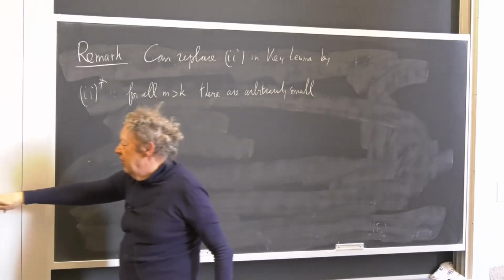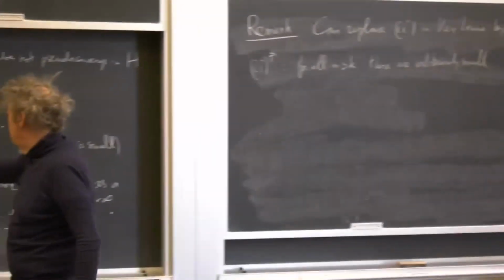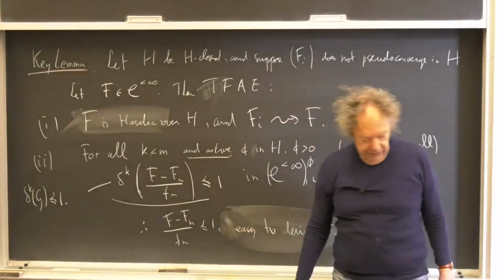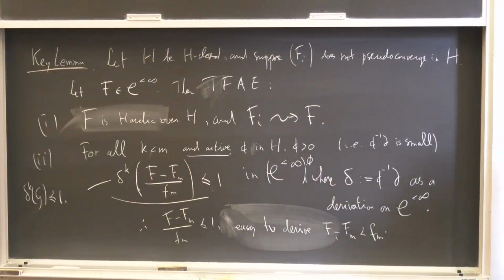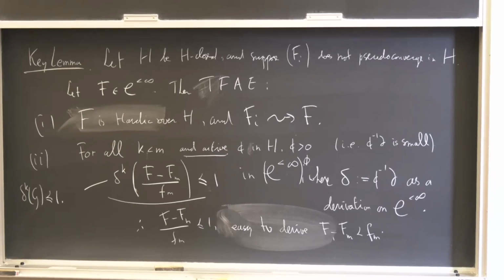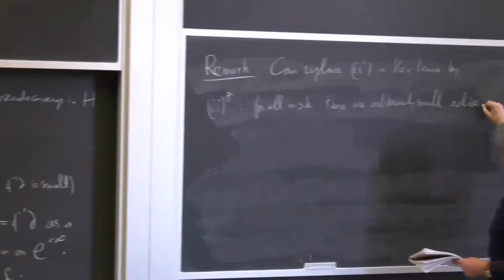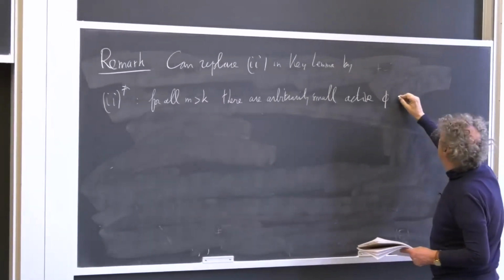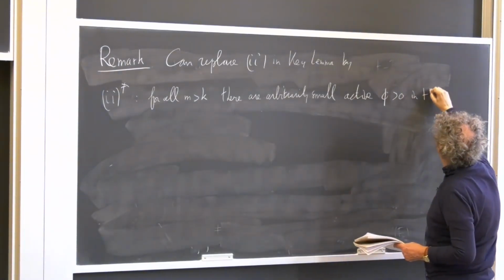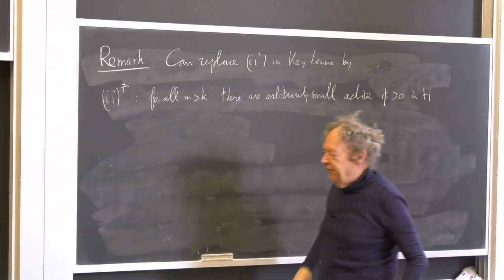Here we quantify universally over all active phi, but of course it's enough to consider sufficiently small, arbitrarily small active phi, with phi bigger than 0. And that it's bigger than 0 is also not very important.